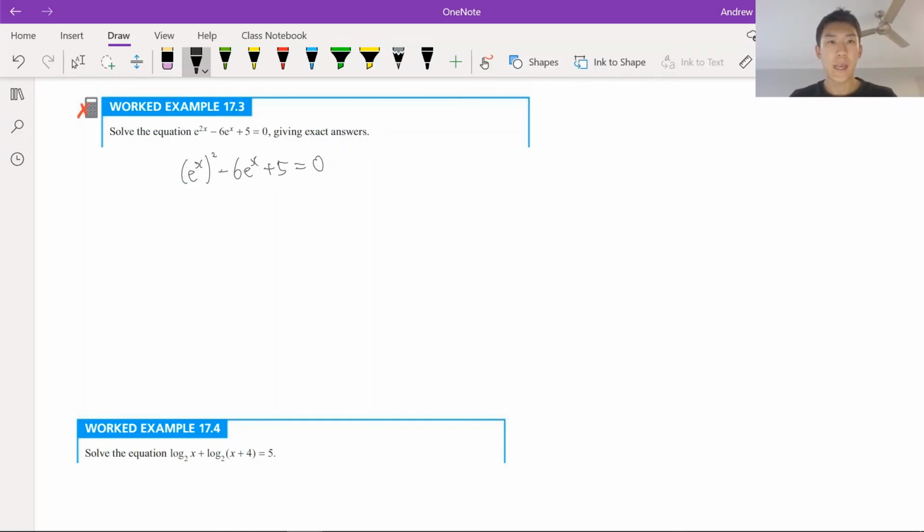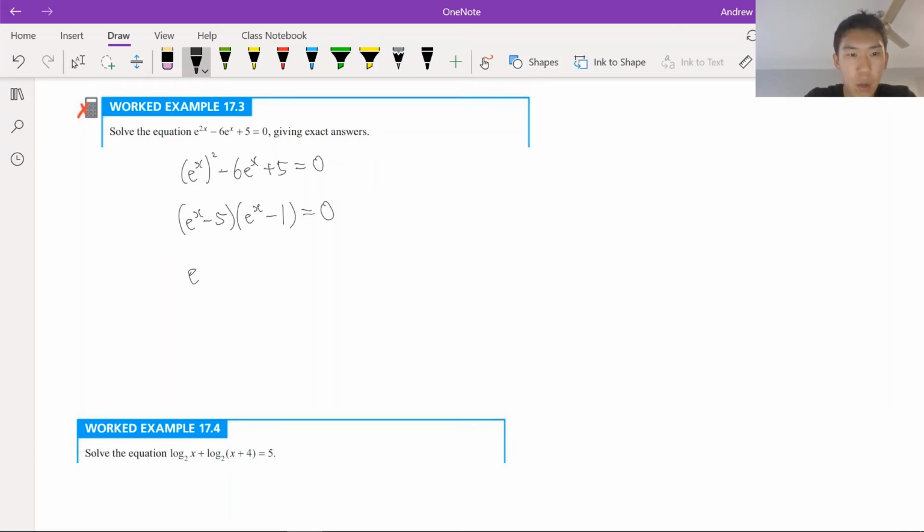And then from here, let's try to factorize this again. Yep, this works. (e to the x take 5)(e to the x take 1) equals 0, because we wanted two numbers that multiply to positive 5 and add to negative 6. So there we have it.